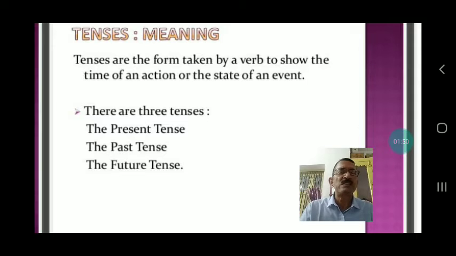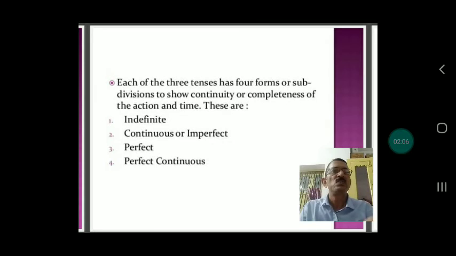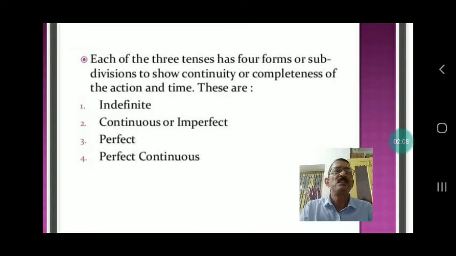There are three tenses: the present tense, the past tense, and the future tense. You can understand each of the three tenses as having four forms or subdivisions to show continuity or completeness of the action and time.